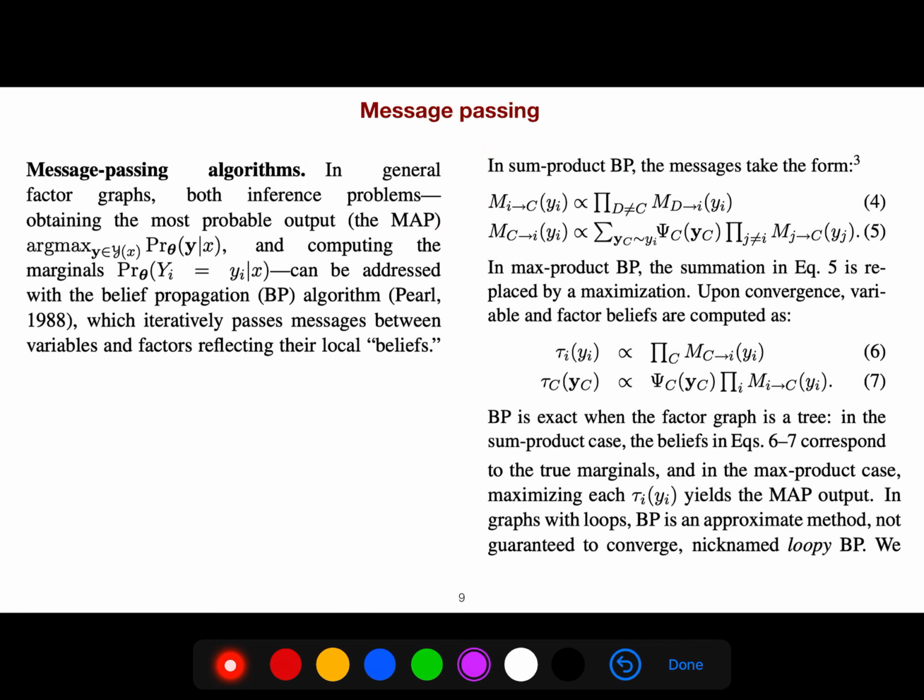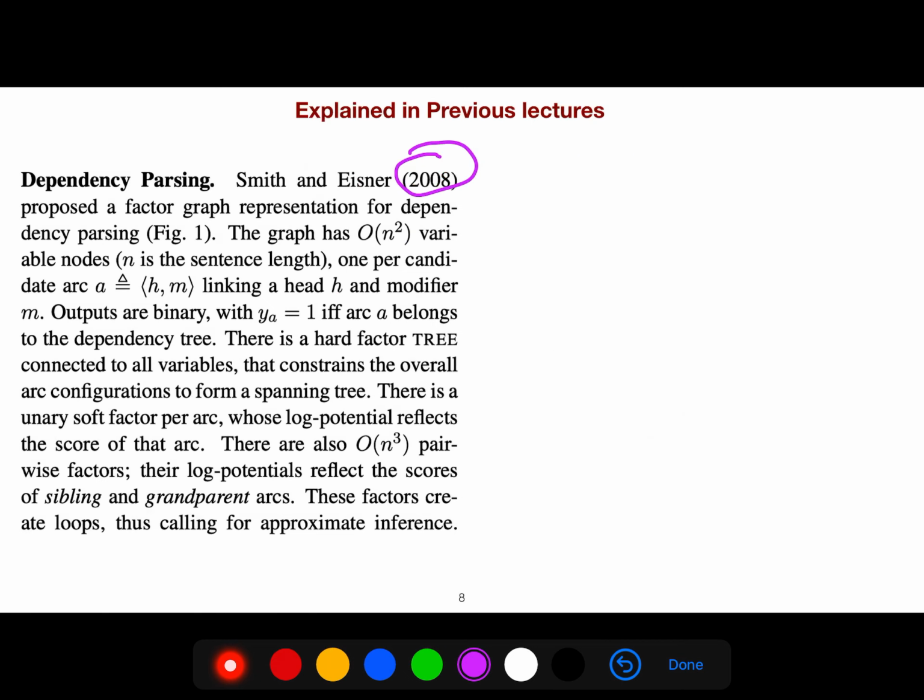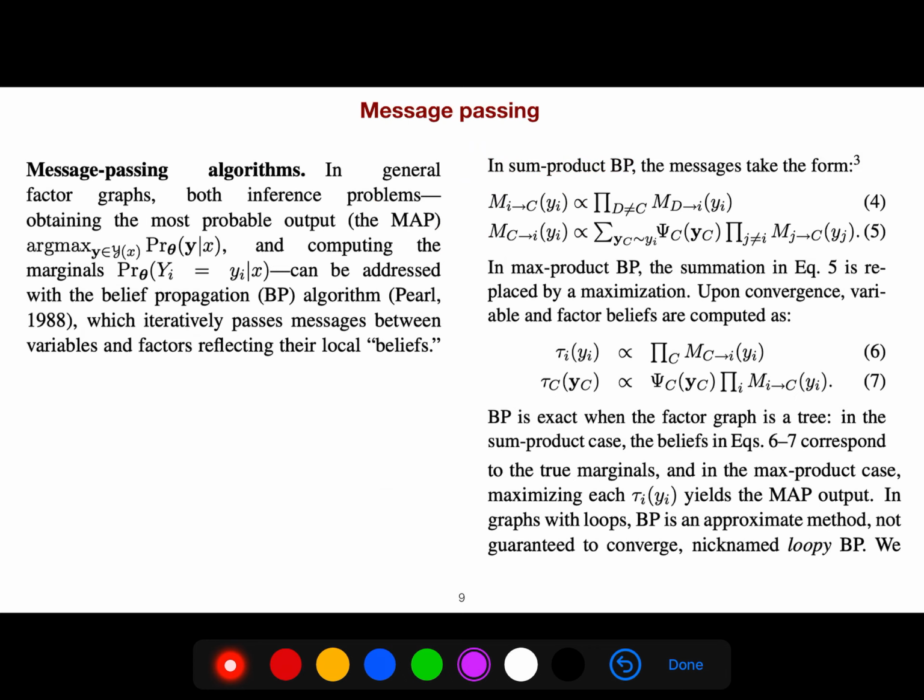So we use message passing to identify those marginals that we needed, and after convergence of your message passing, going from the root to the leaves and then going back, we get the belief variables.